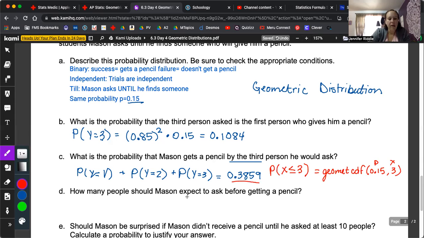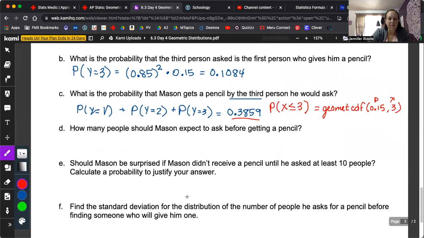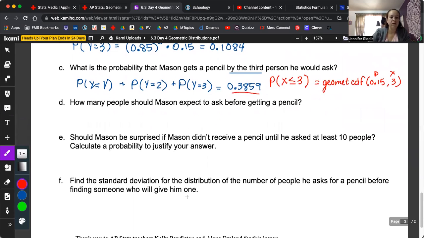Part D, how many people should Mason expect to ask before getting a pencil? This word expect is our hint that we're being asked about the mean. Think mean, the average number of people he should expect to ask.